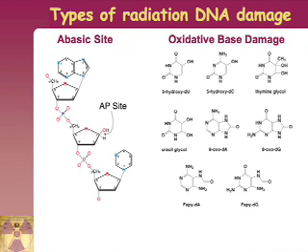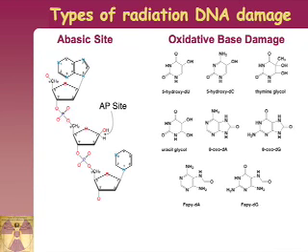So what kind of damage do we get in DNA? From ionizing radiation, we can get a number of different types of damages. If you recall from basic biology, the DNA strand consists of this phosphate sugar backbone, and then it has various bases attached to this backbone, and you get your double strand of DNA by having base pairing between another strand, which isn't shown here, between these bases. But the bases themselves can be damaged by ionizing radiation.